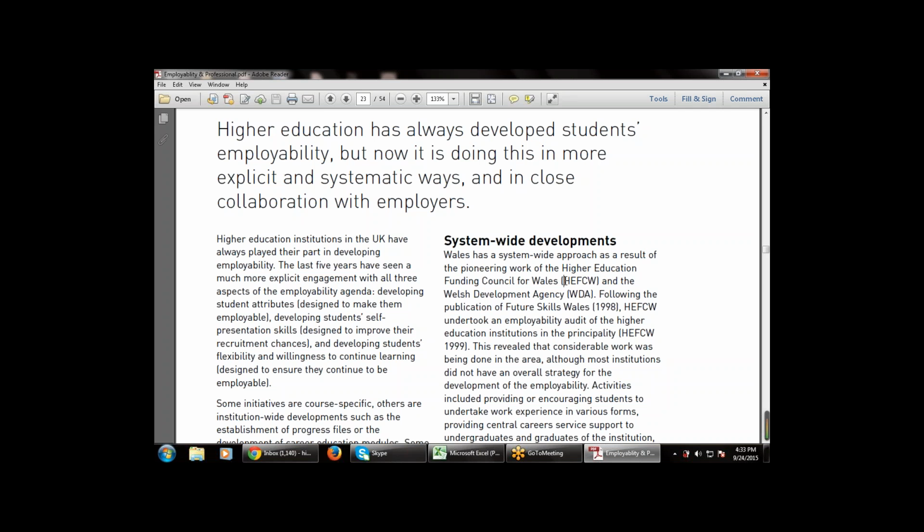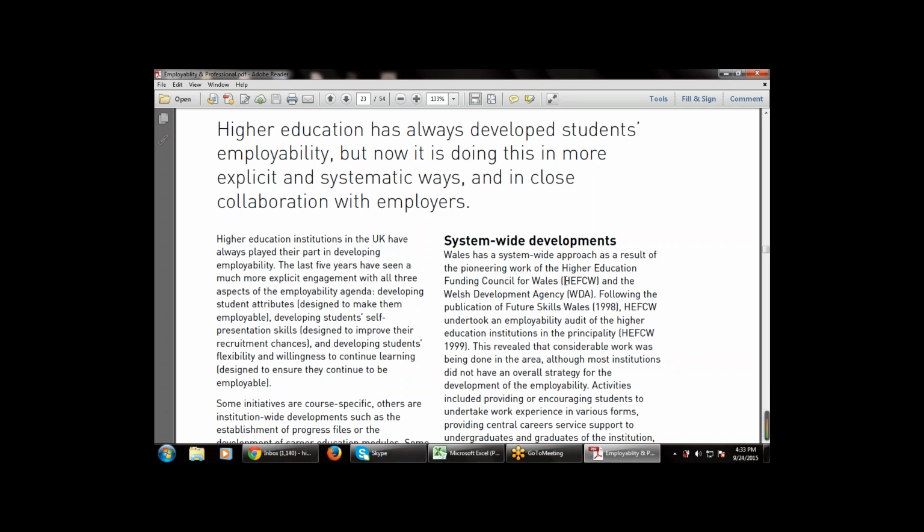Following the publication of Future Skills Wales, an employability audit of higher education institutions in the Principality revealed that considerable work was being done, mostly by institutions, on the overall strategy for the development of employability.